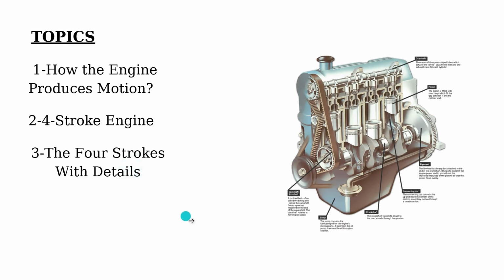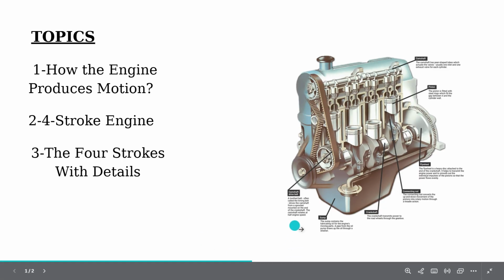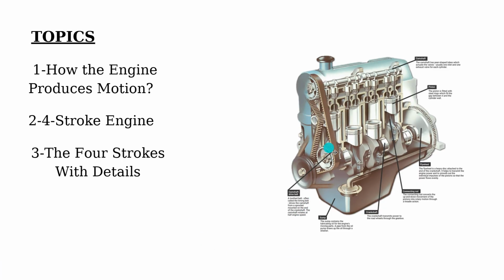Actually, in this lesson, we will not only name these stages, but also understand what actually happens inside the engine during each step. We will see how the piston moves, how the valves open and close, and how fuel is used to create energy and motion.